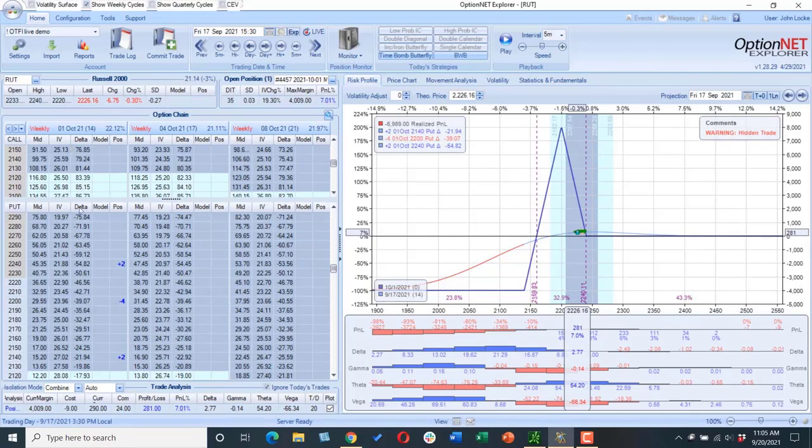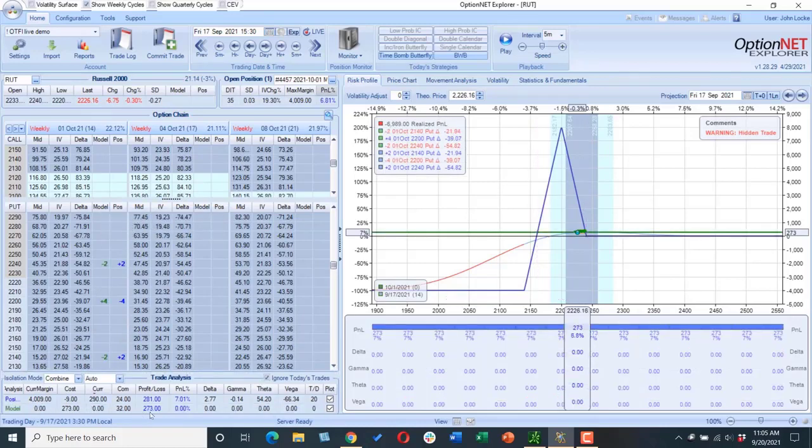And what I did is I went in and I closed this and I went further from expiration. So if we look at this, our profit and loss on the model is $273 profitable, and that's what we would close the trade-off at in our modeling.